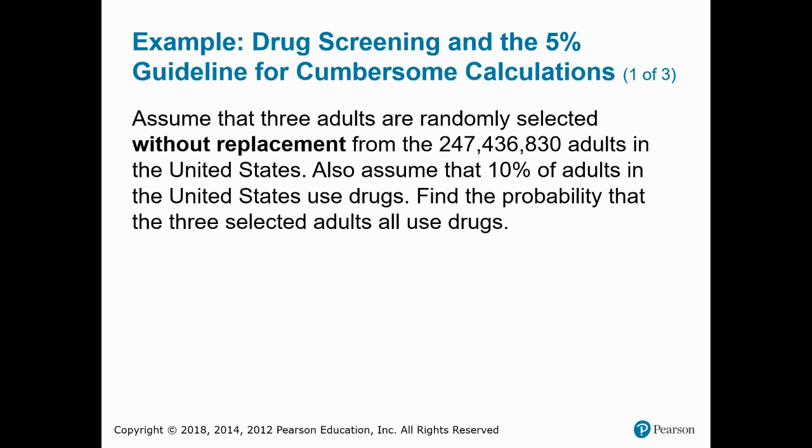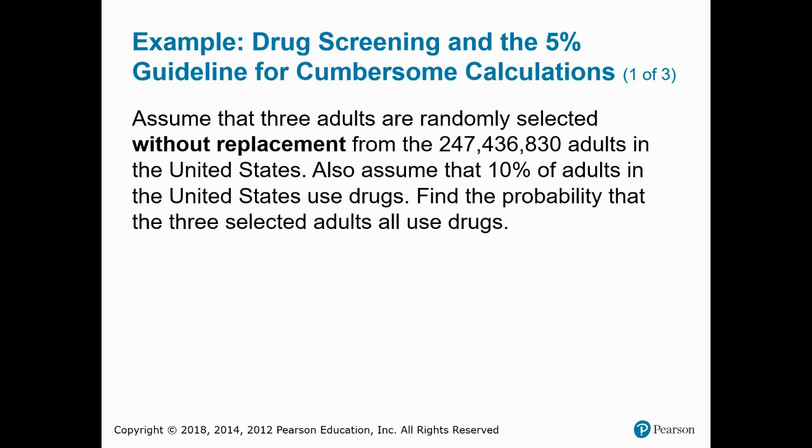So assume that 10% of the adults of the United States use drugs. Find the probability that 3 selected individuals all use drugs. So the probability of an adult doing drugs is 1 out of 10, right?